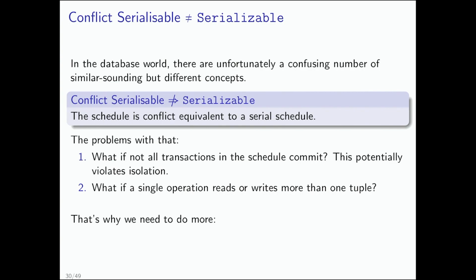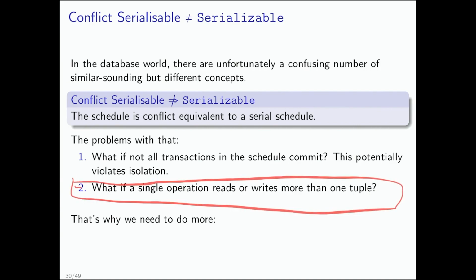If you only have conflict serializable, we have problems. What if not all the transactions in the schedule commit? There are transactions that write stuff to the database, and then they abort, so there's stuff in the database from uncommitted transactions. That's not allowed, that shouldn't happen. Or the phantom problem that occurs with operations reading or writing more than one tuple, where you see a phantom and then you don't see a phantom.